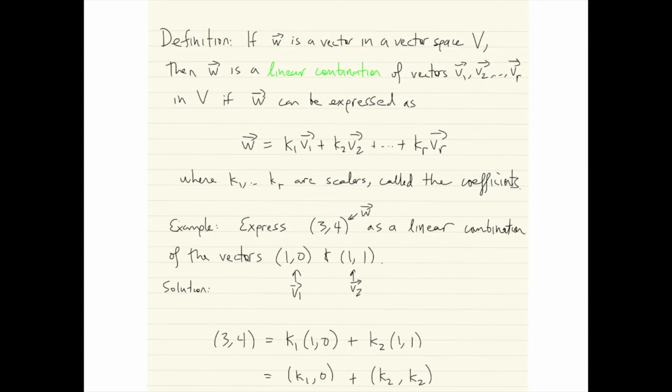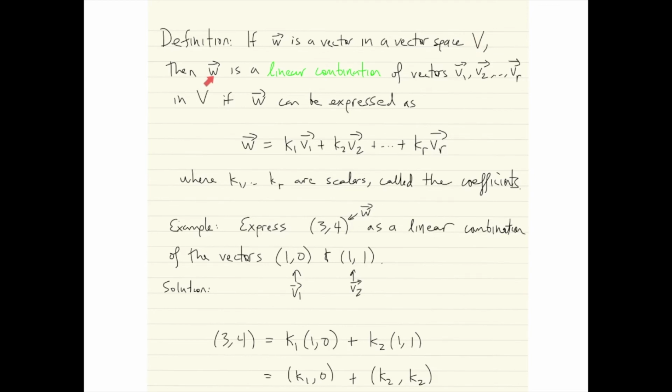Okay, here's a definition we've seen before in the context of vectors in Rn. We're trying to define this term linear combination. So let w be a vector in some vector space V. For example, V could equal Rn.